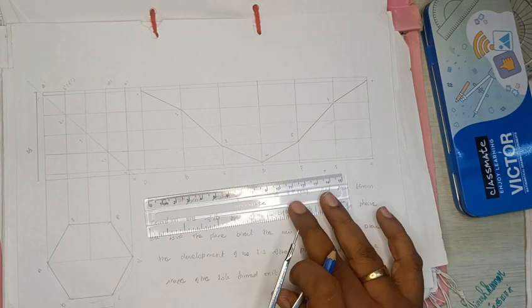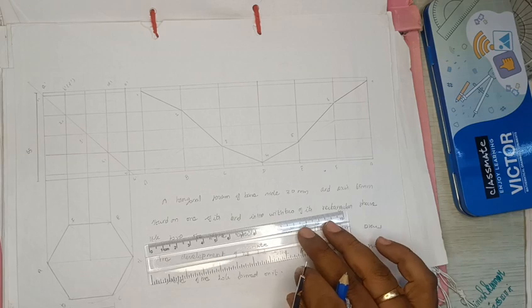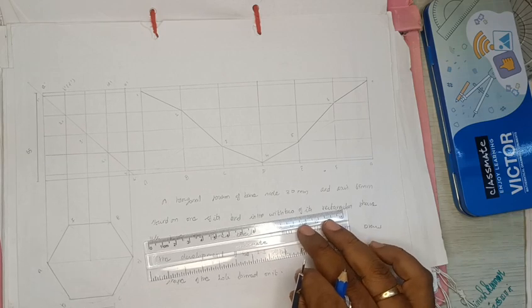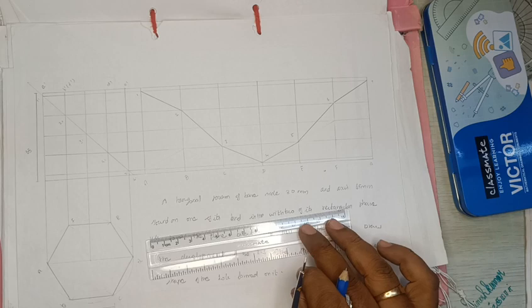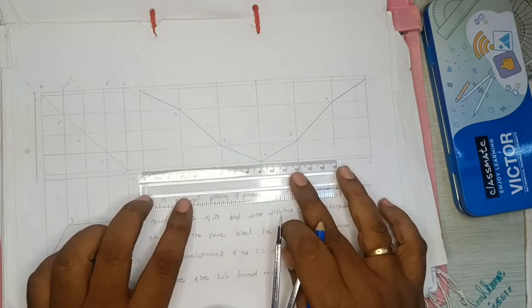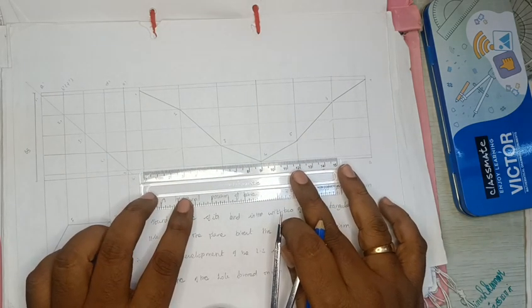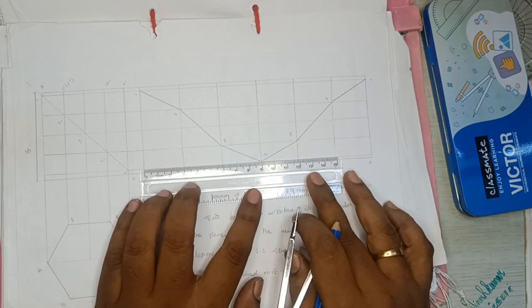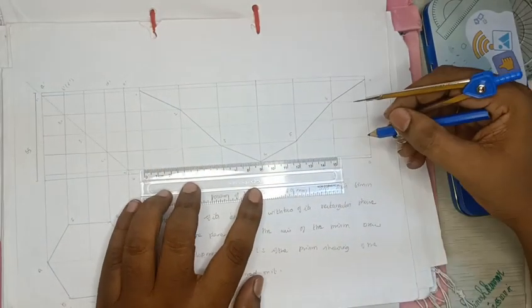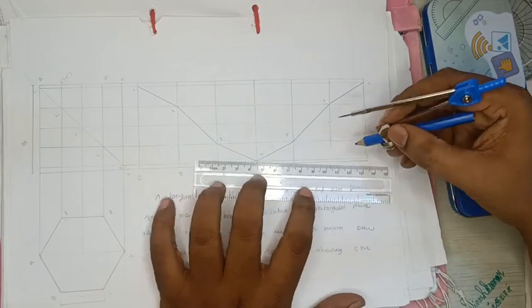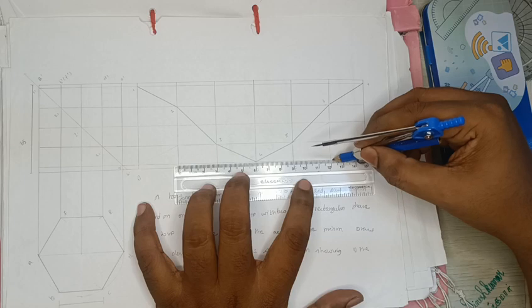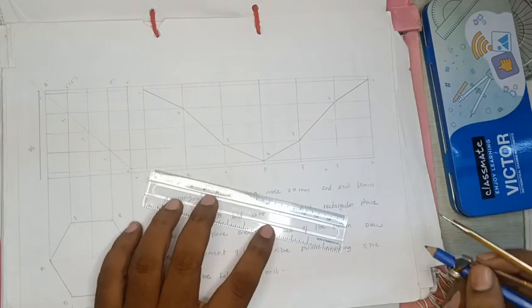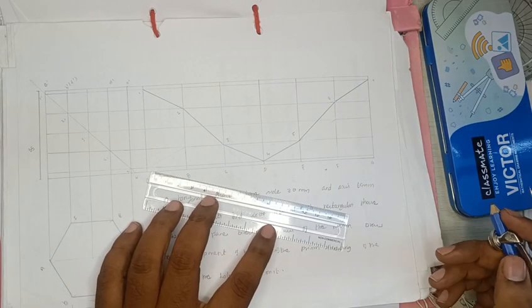The prism side is 30 mm. Total 6 sides, 6 into 30, 180 mm. Draw one side 30 mm, 30 mm, 30 mm, up to drawing a line of 180 mm.